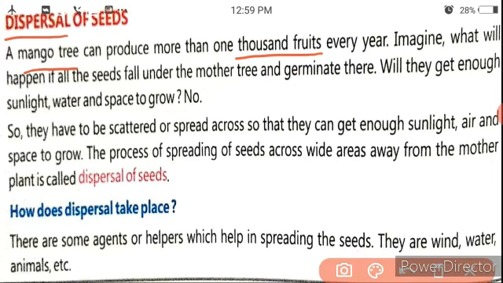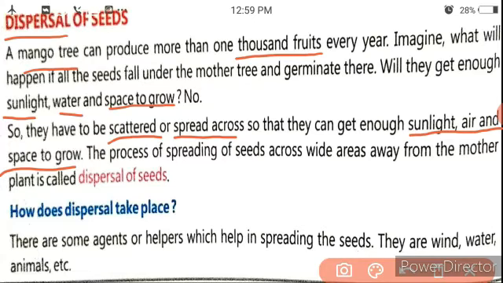If all those seeds fall under the same tree and germinate there itself, what will happen? Will they grow properly? No, definitely not, because they don't get enough sunlight, water and space to grow. So, what is the solution for this? The solution is that the seeds need to be scattered or spread across so that they can get enough sunlight, air and space to grow.